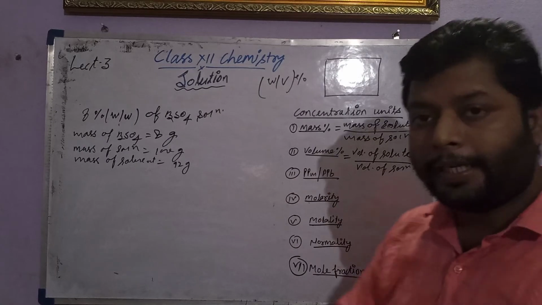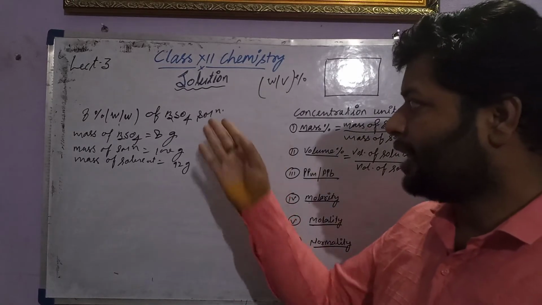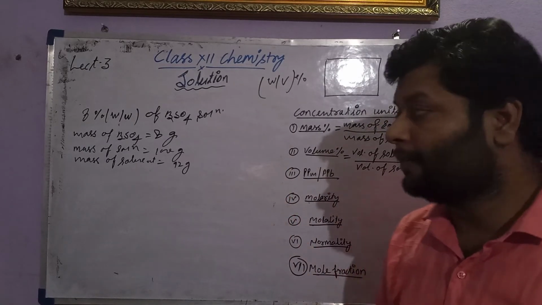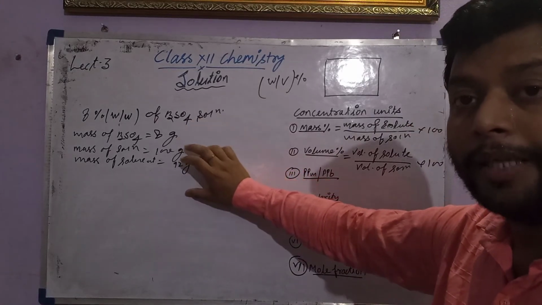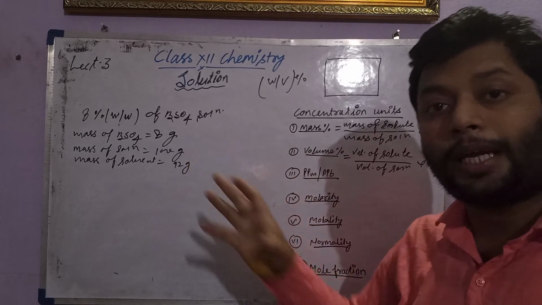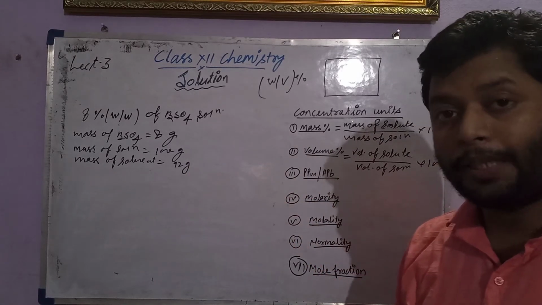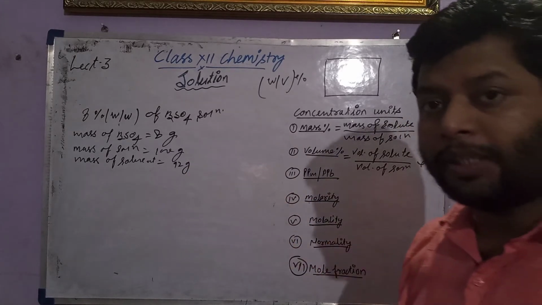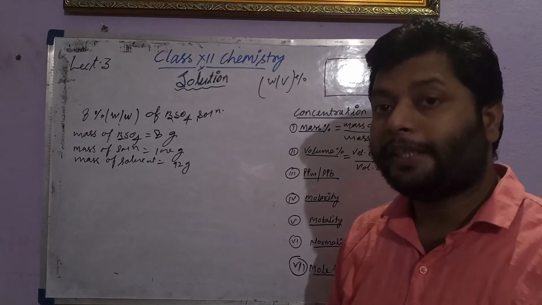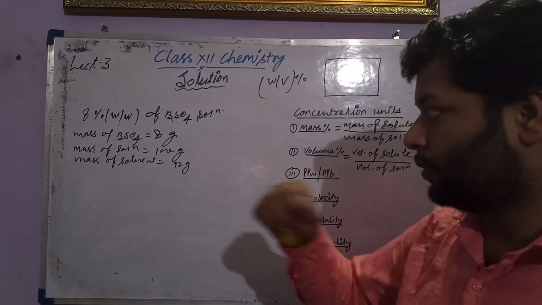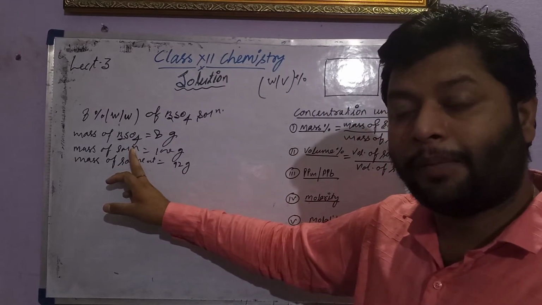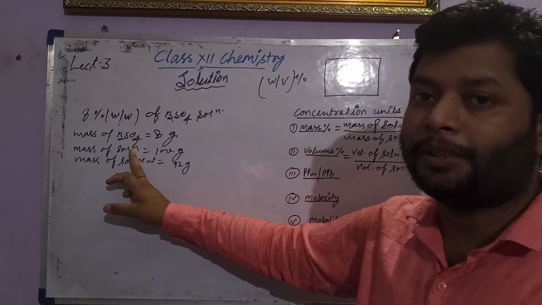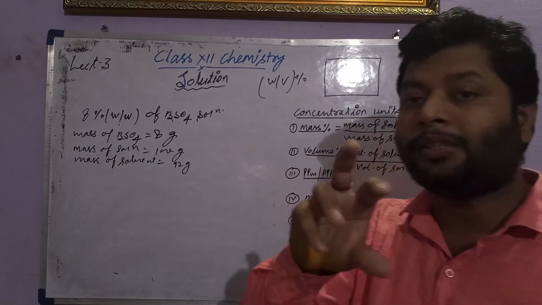So if any numerical contains this type of sentence, it means the mass of solute, mass of solvent or mass of solution is already given. And if the density of the solution is given, you can get the volume of the solution also, because there is a relation between mass, density and volume.